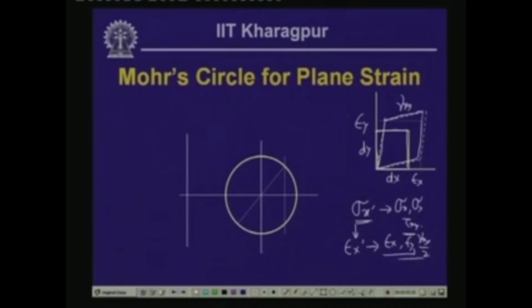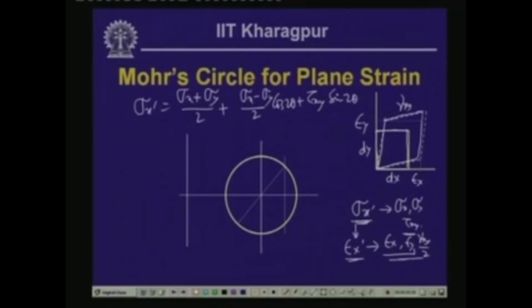If you look into the expression for epsilon x dash and sigma x dash, you will find sigma x dash is equal to sigma x plus sigma y by 2 plus sigma x minus sigma y by 2 cos 2 theta plus tau xy sin 2 theta.